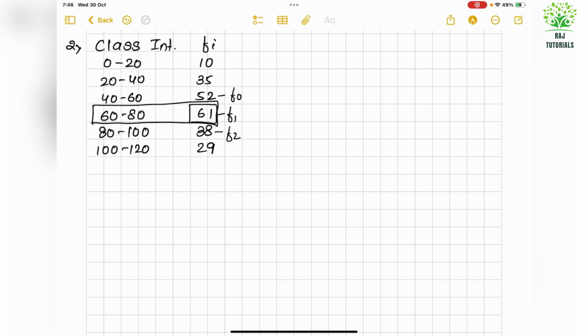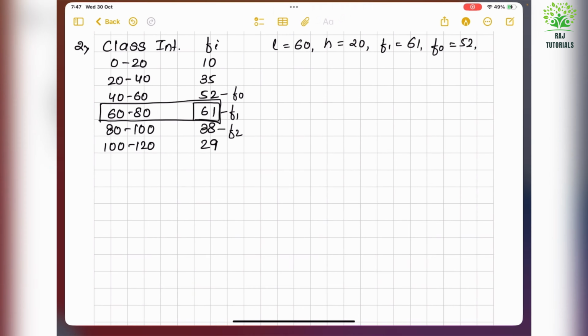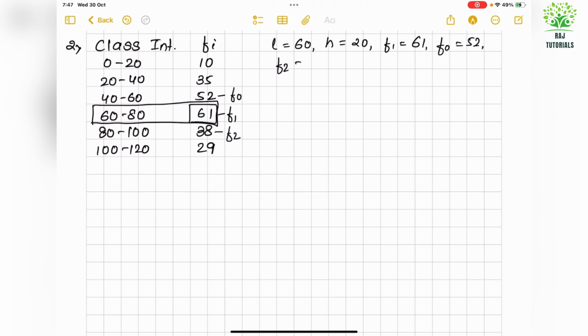So I can say L equal to 60, H equal to 80 minus 60, so 20. Then F1 is 61, F0 is 52, and F2 is 38.